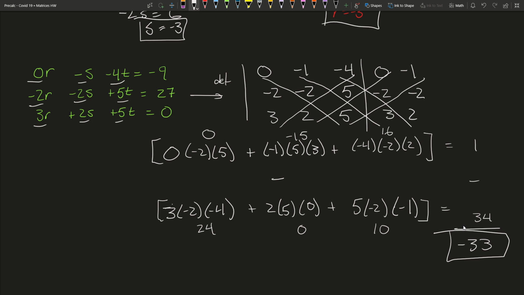Okay, so that is elimination. That's solving a system of 3 equations using elimination, and then taking the determinant of a coefficient matrix. Are there any questions over any of that?